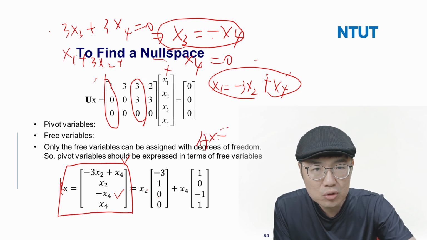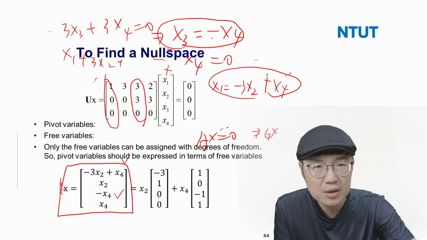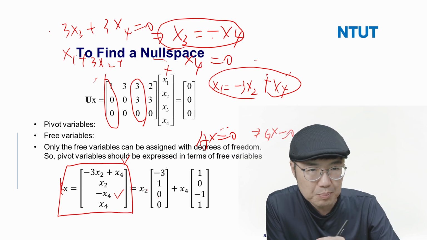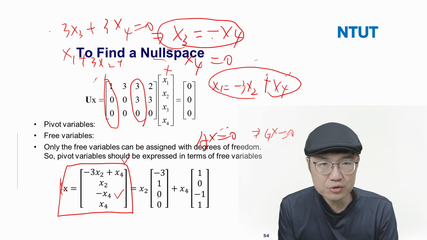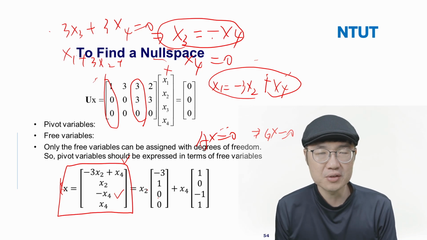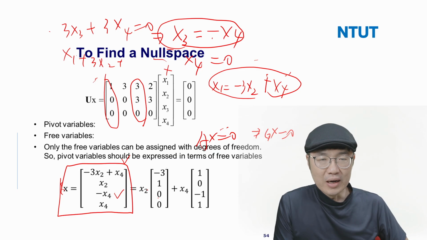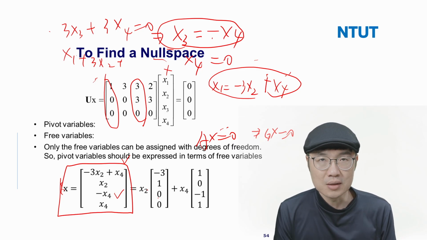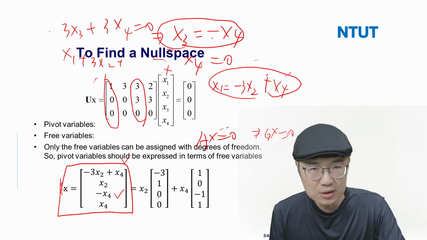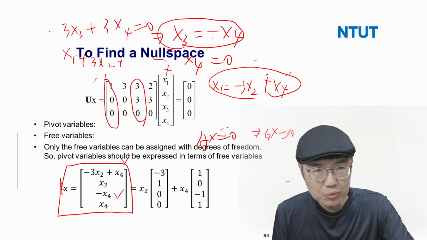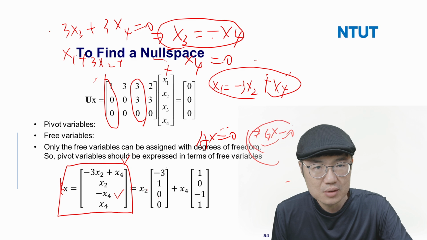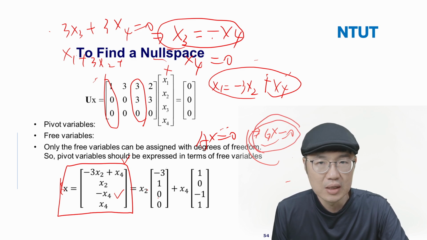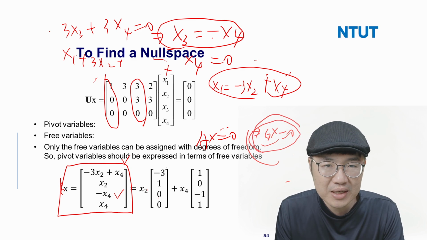And when we perform Gaussian elimination, which makes A be U, we didn't change the structure for those variables. So the x that makes Ax equals 0 will also make Ux equals 0. So actually, we use the last equation, Ux equals 0, to determine the null space vector.